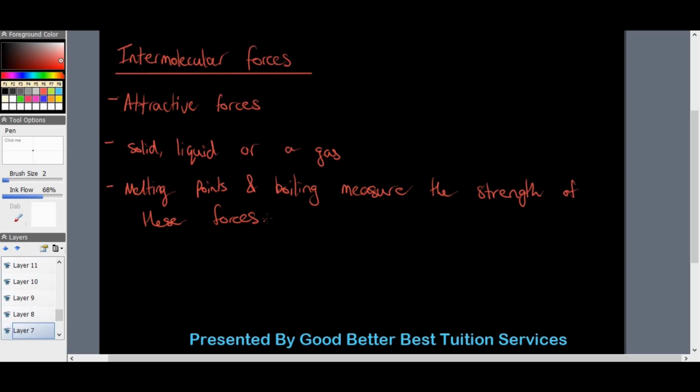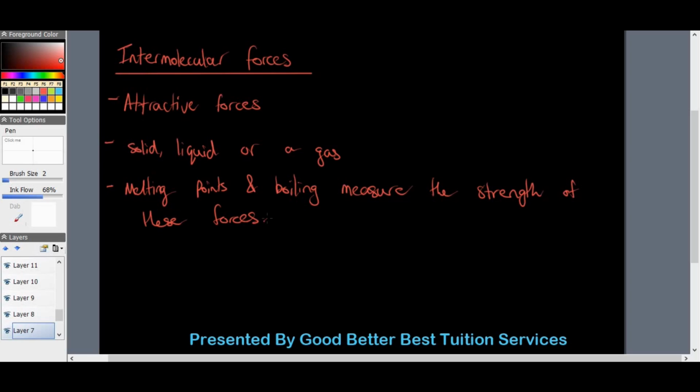We see what we colloquially call steam start to rise out of the kettle, showing that water, which was liquid, is now being converted into water vapor or gas. So water has fairly strong intermolecular forces keeping it together, and we'll see why in just a moment.